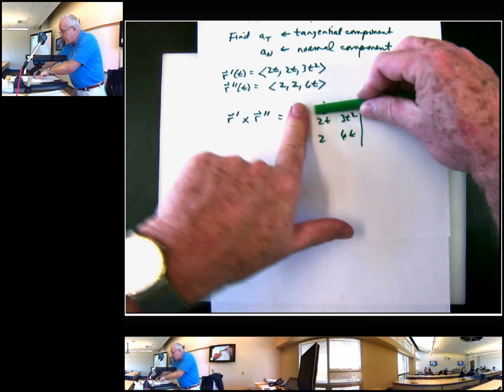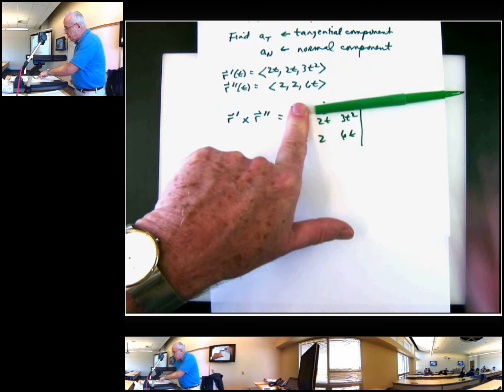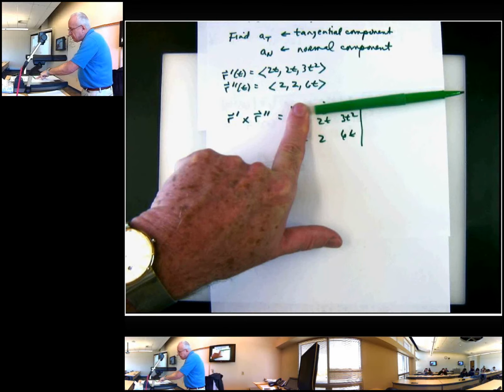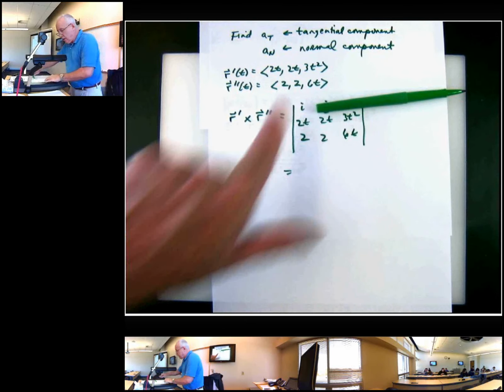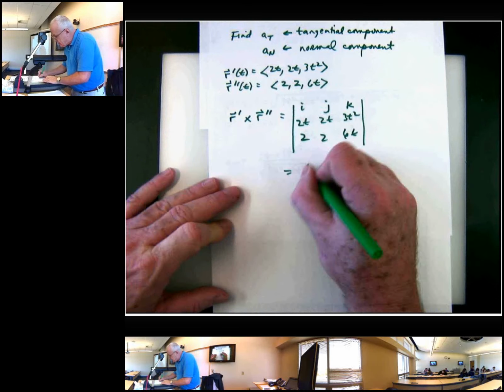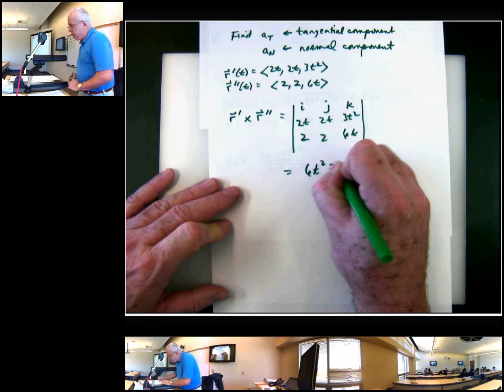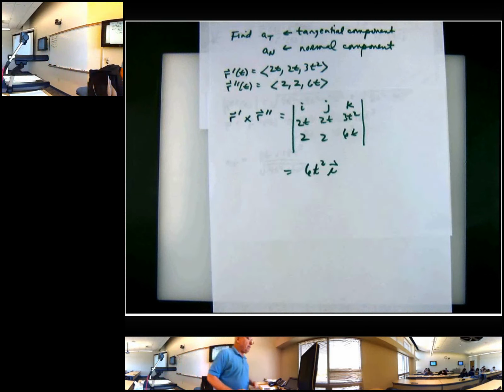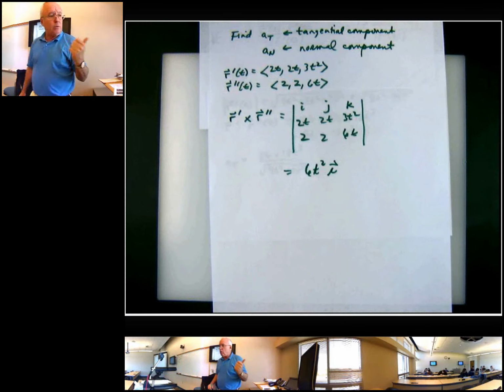We cross out the first row and column, and we get 12t squared minus 6t squared. That gives us 6t squared times the i component. And this is an error that a couple of folks made on the homework, so please listen up.